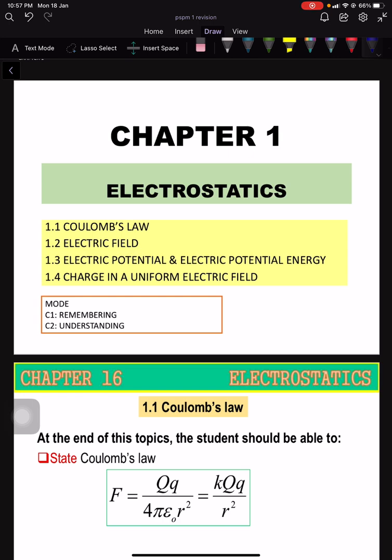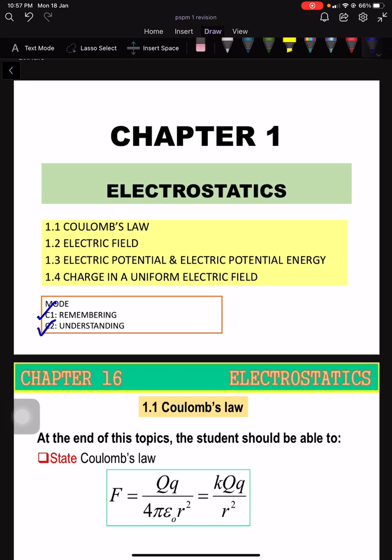In this semester, the session has changed its method of teaching. So we will only explain the cognitive learning: CLO1, which means remembering, and CLO2 for understanding.